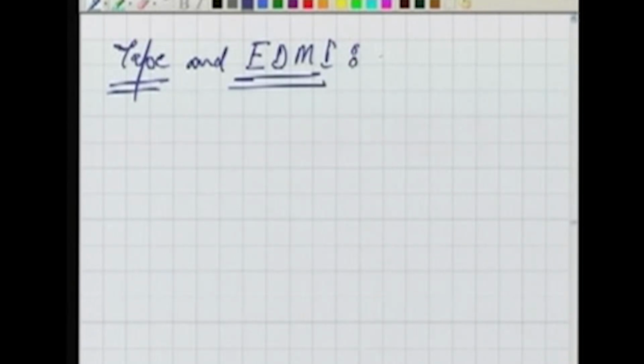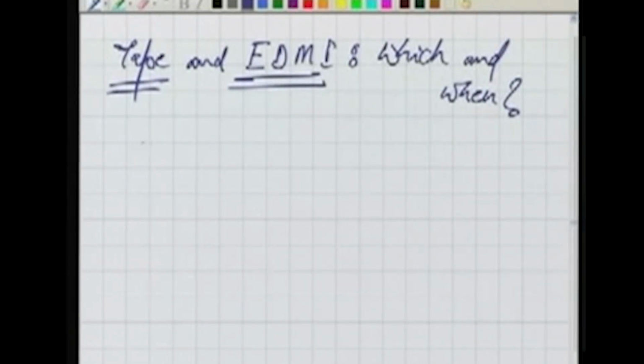Now one very important thing here, we are going to compare our EDMI with the tape. We are going to compare these two, which and when. If you know about the tape, we have discussed this.